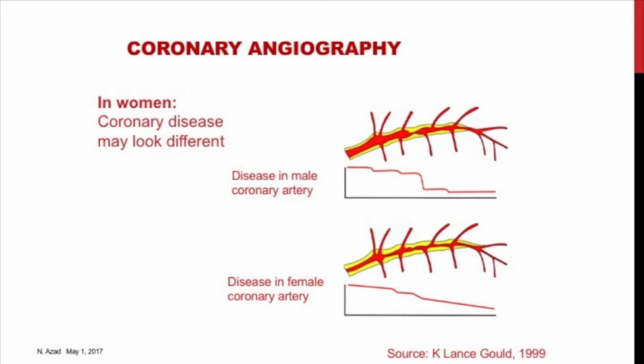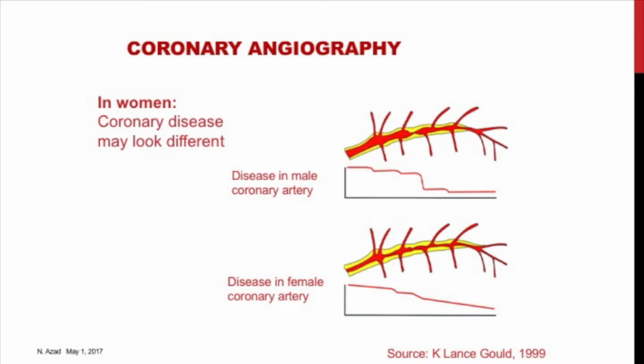So what do you do? You put in a stent, you bypass it, and great. And that works quite well in men and maybe 60% of women. But the rest of the women have this condition, which is narrowing throughout the coronary, so the blood flow is sort of trickling down. And how do you treat that?